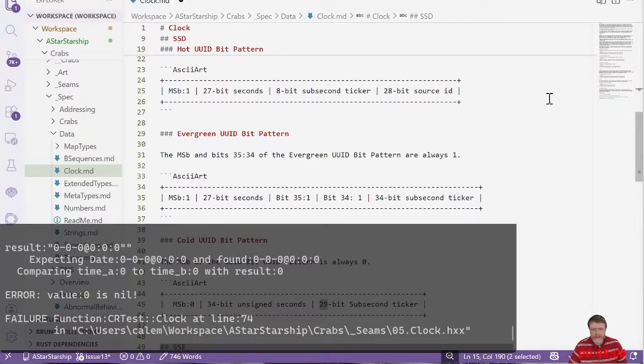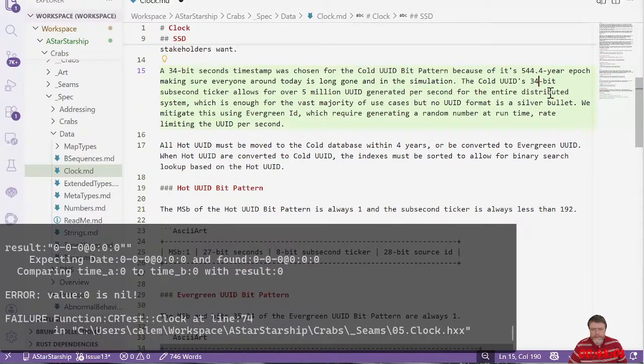Wait, 29-bit sub-second ticker allows for over 500 million UUIDs generated per second for the whole distributed data system, which is enough for the vast majority of use cases. That's kind of a long sentence.